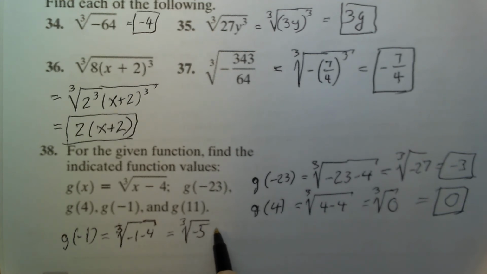And we can evaluate that, and again your calculator has the third root, the cube root, so it's approximately minus 1.710.